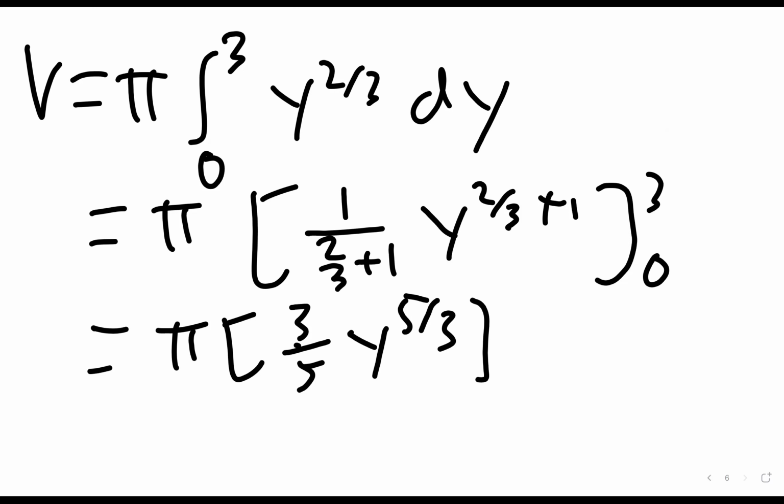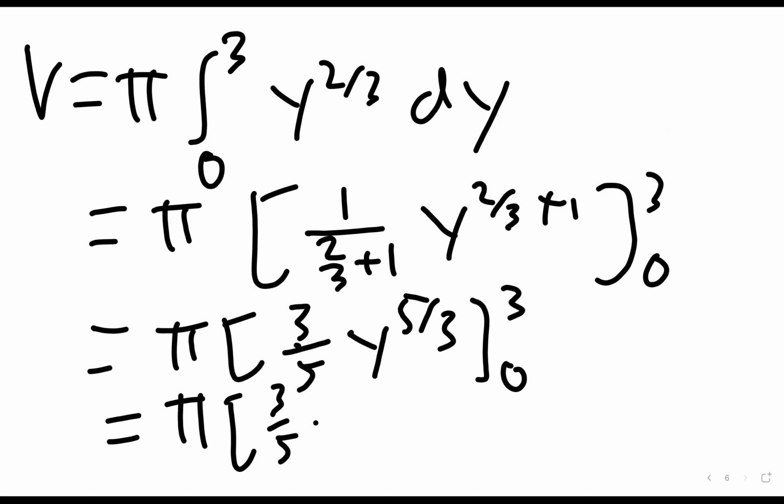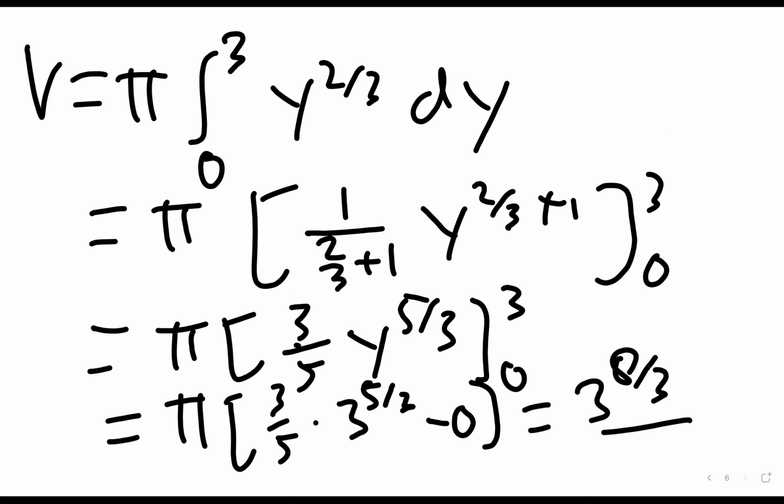Any question or comment so far? Of course, you have to calculate this: pi times 3 over 5 multiplied by y to the power 5 over 3, so that will be 3 to the power 5 over 3 minus 0. That is 3 to the power 8 over 3, over 5, times pi.